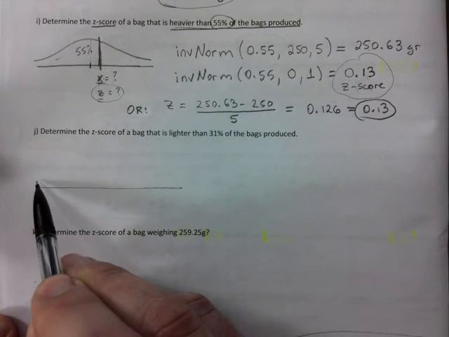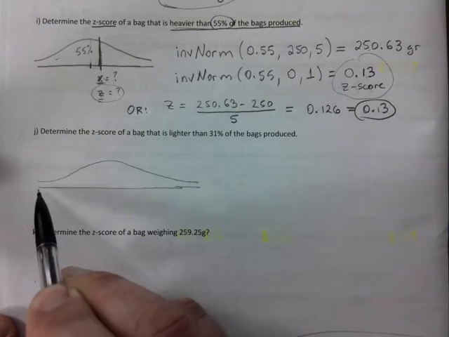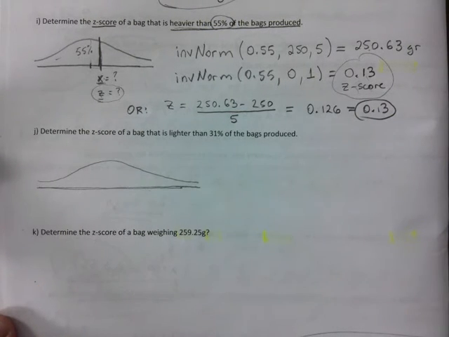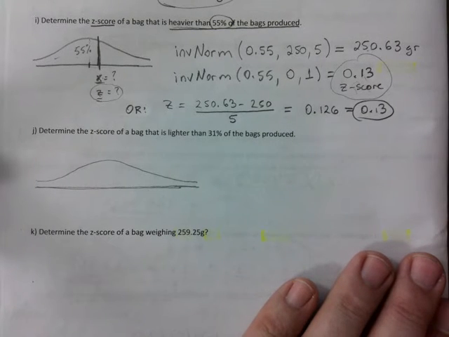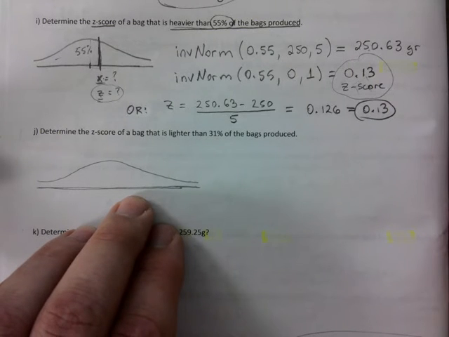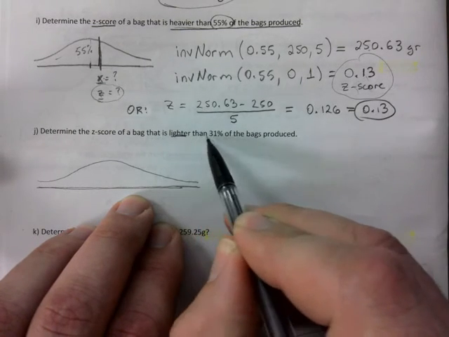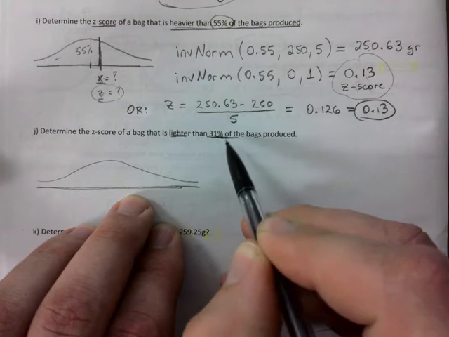Okay. Let's put this to the test here. Determine the z-score of a bag that is lighter than 31% of the bags produced. The wording is very tricky. I'm trying to see how I can reword it, but the bag is lighter than 31% of the bags produced.